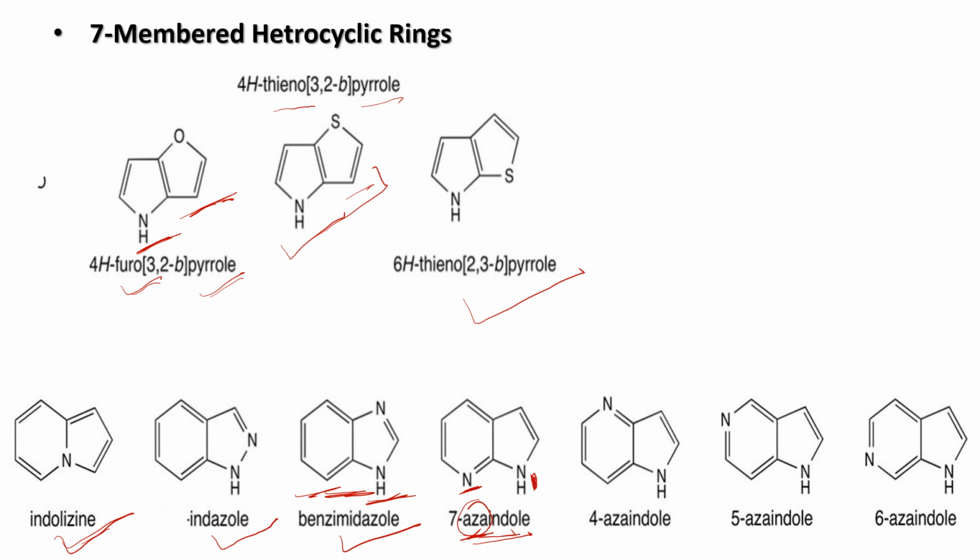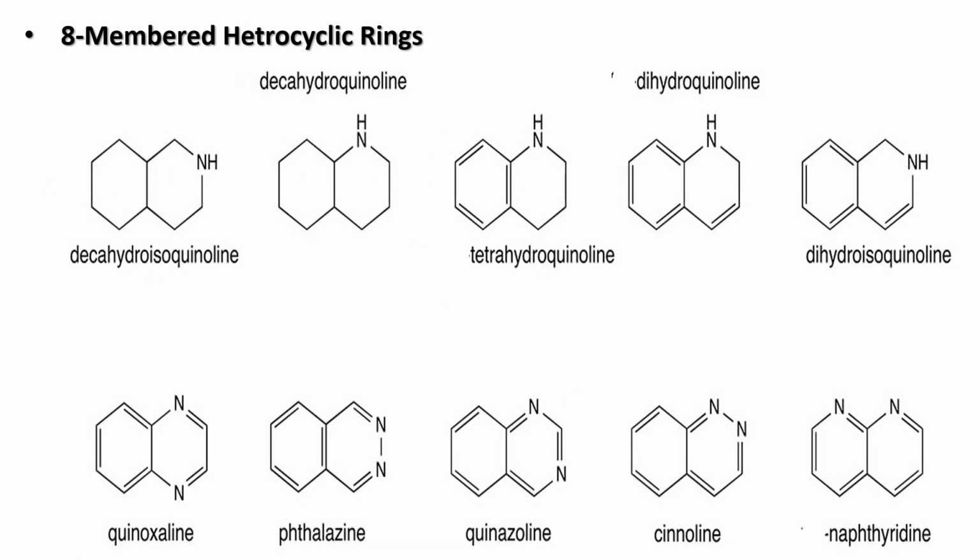Now you can number, this is 1, 2, 3, and you can see at the 7 position they kept the aza. If for indole you write the aza group at the 7 position, it will become 7-azaindole. Then 4-azaindole, 5, and 6, same, just the small difference is the position of the nitrogen group. Coming to the next slide.